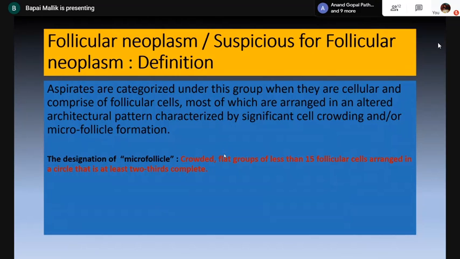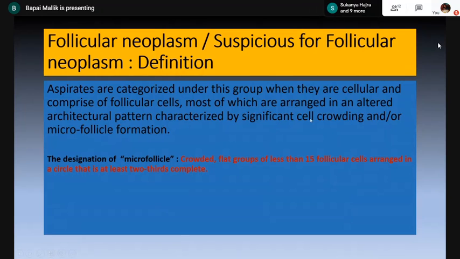Aspirates are categorized under this group when they are cellular and comprise follicular cells, most of which are arranged in an altered architectural pattern. Architecture is very important. Cellularity is very important. I've already said, if it is not very cellular, it is going to be AUS. If it is cellular, it is follicular neoplasm with similar comparative features.